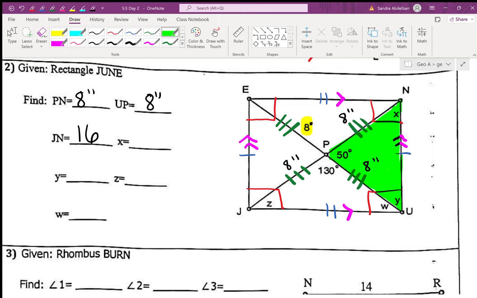If the legs are congruent in this triangle, what do we know about the base angles? They're also congruent. So this angle X and this angle Y have to be congruent. Well, how am I going to find X and Y if they have to be congruent and angle P is 50? The parts of the angles are bisectors, so they're bisecting the right angle.